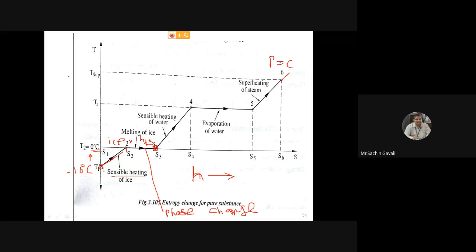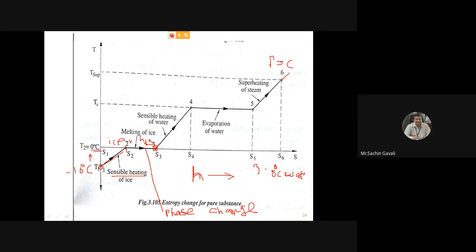Now at point 3, what is our condition? Temperature is 0 degree Celsius. What is the phase? It is not in ice condition. After melting, ice will be converted into liquid, correct, water.